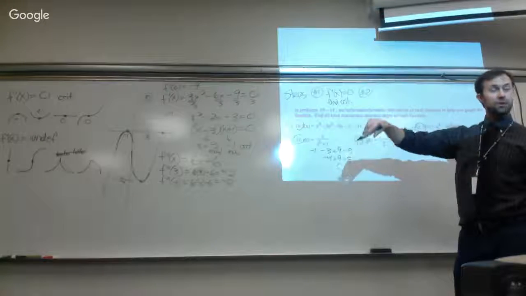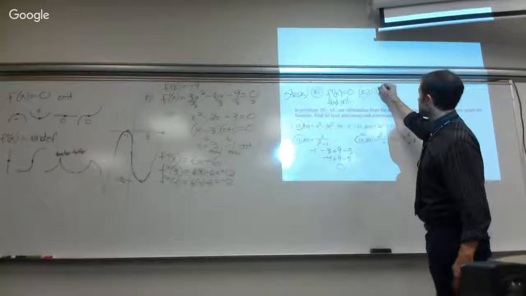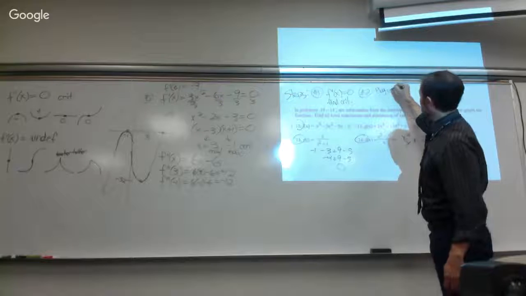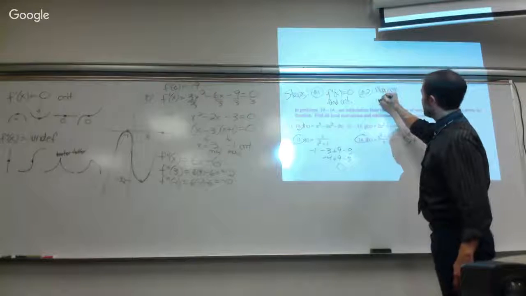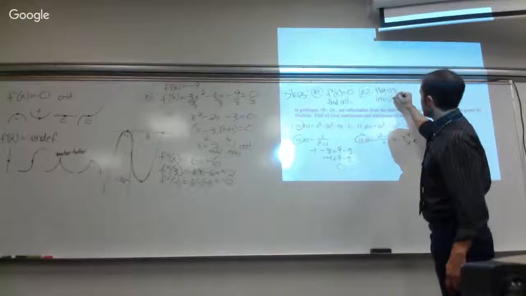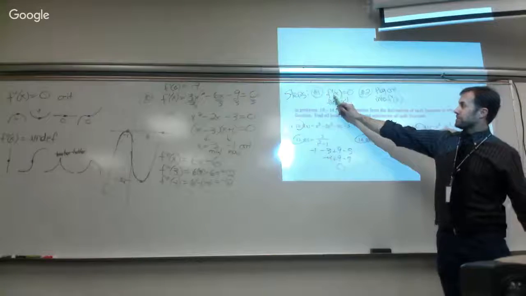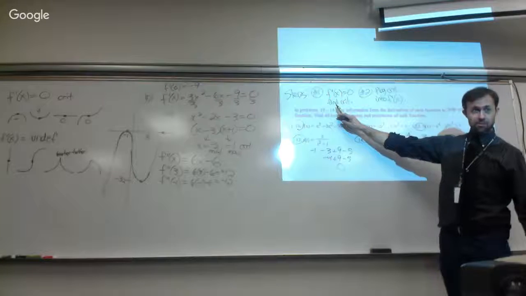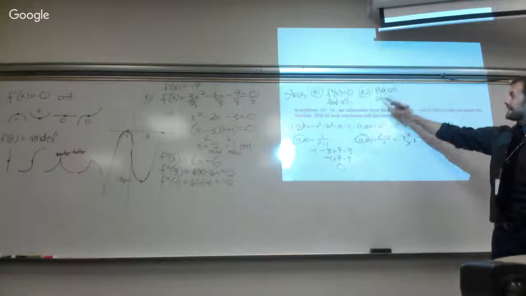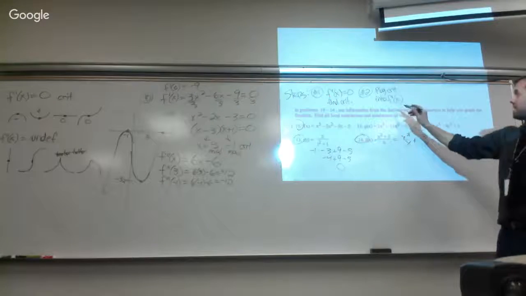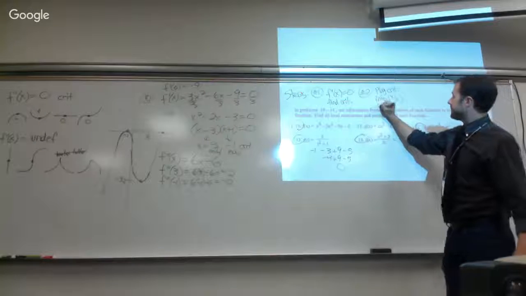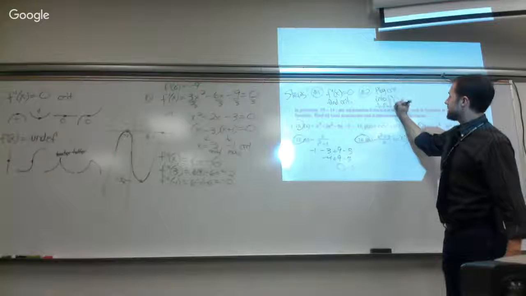Yeah, plug the critical points into the second derivative. So step 2 is plug into the second derivative. So the first thing we did was set the first derivative equal to 0 in order to find the critical points. Then we plugged the critical points into the second derivative to find if it was a max or a min.